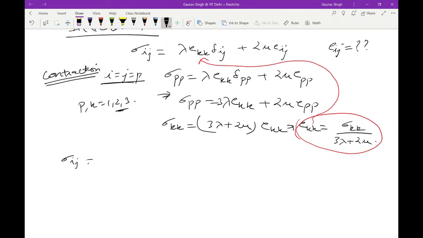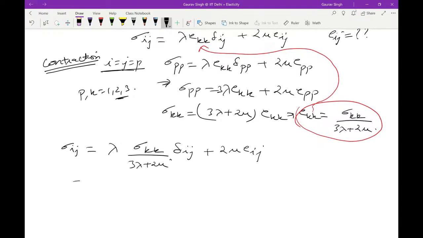Sigma ij is equal to lambda sigma kk by (3 lambda plus 2 mu) delta ij plus 2 mu e_ij. Now we want to write e_ij is equal to 1 by 2 mu sigma ij minus lambda by (3 lambda plus 2 mu) sigma kk delta ij.